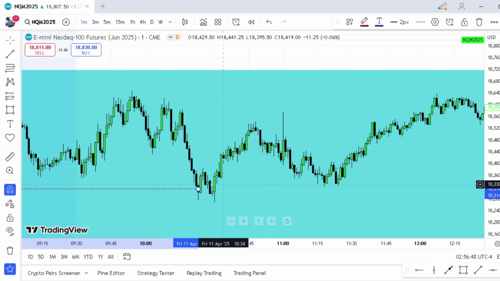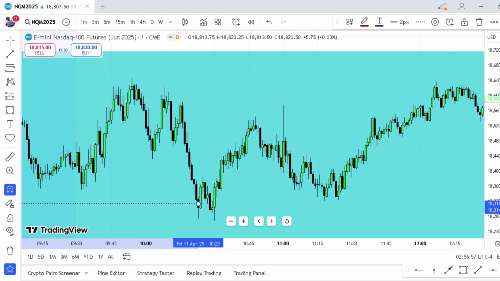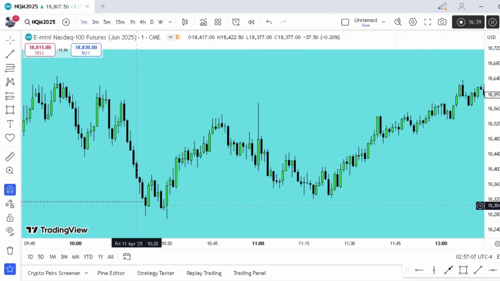Alright, so we are here on the 1-minute time frame. The good thing is that the market came to sweep that 15-minute liquidity, and we are seeing a shift in market structure. Yeah, I can call it a shift in market structure.